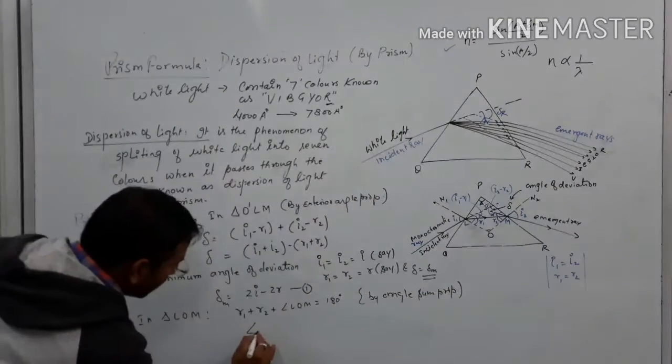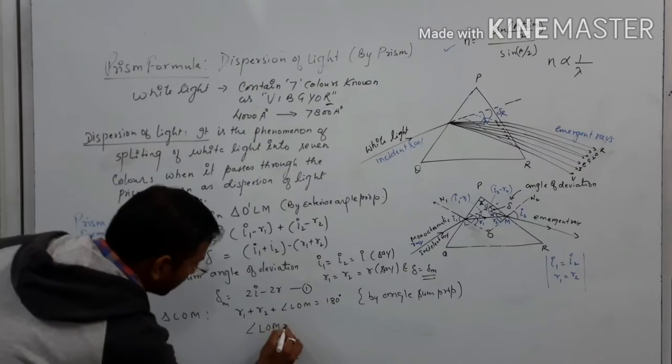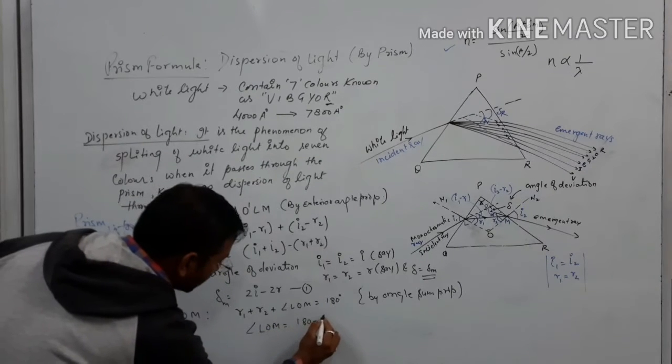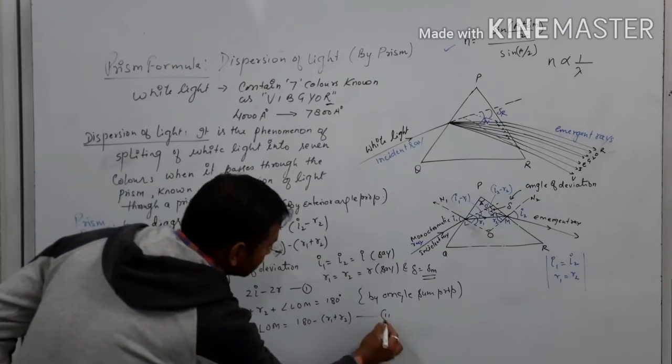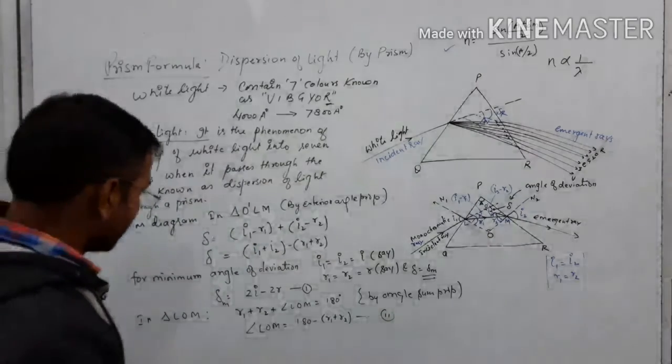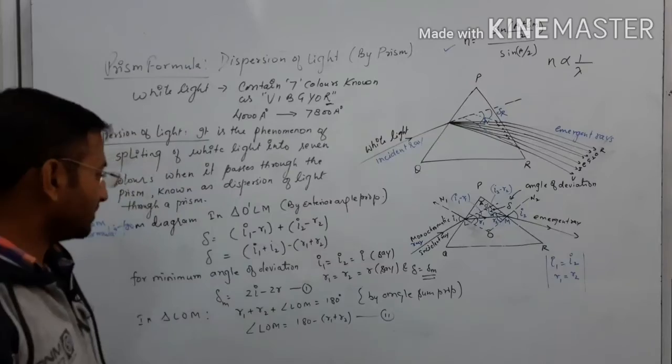So here angle LOM will be 180 minus (R1 plus R2). This is your equation number 2, and this one is equation number 1.